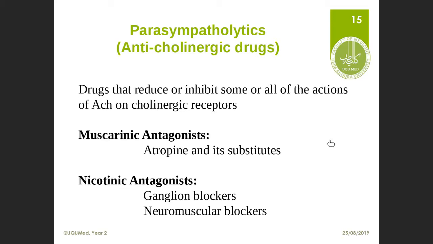And if you remember, in the first two or three slides I told you that the nicotinic receptors are present in the ganglia, the central nervous system ganglia, as well as in the neuromuscular junction of the skeletal muscles of our body. So coming to their classification, first we will go towards the muscarinic antagonists.